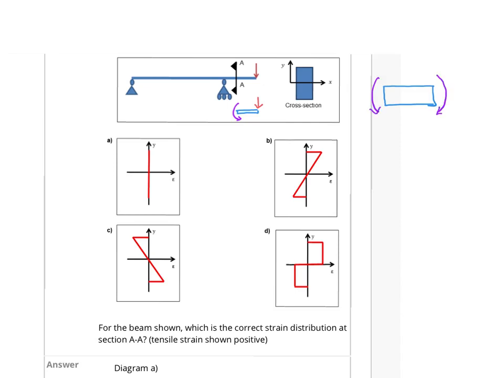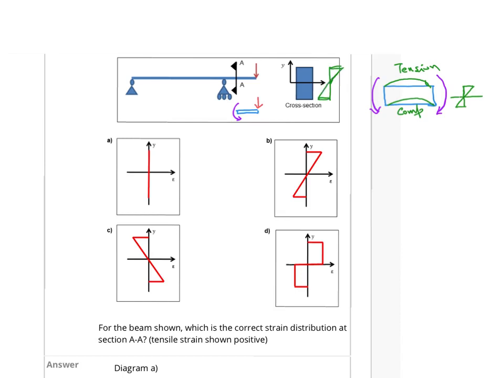Due to this, the beam would deflect in this way. So you have tension at the top and compression at the bottom. As we have said, the stress or strain will always vary linearly, with zero strain at the neutral axis, increasing towards the top or bottom part.